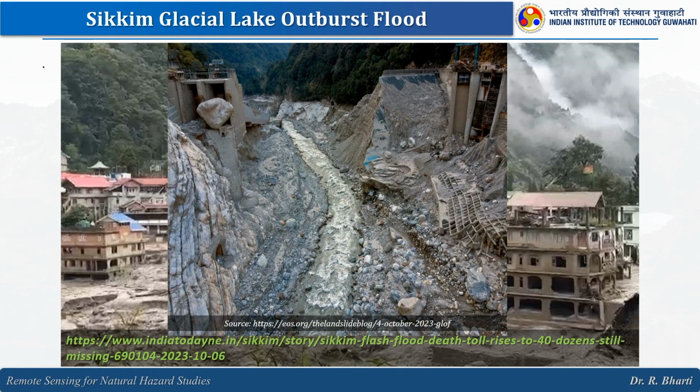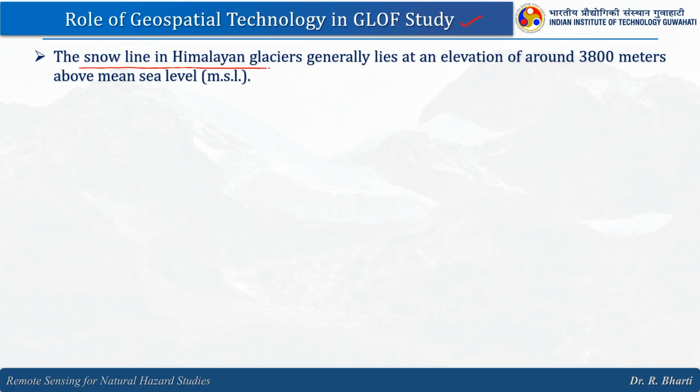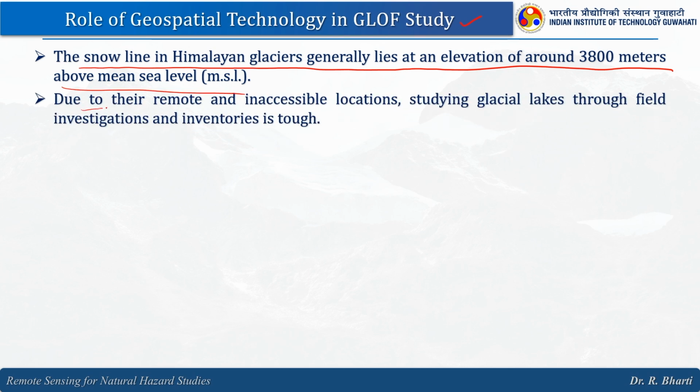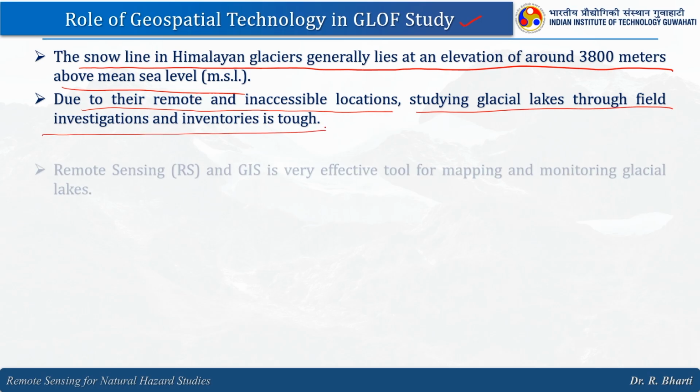Then let us understand the role of geospatial technology in GLOF study. The snow line in Himalayan glaciers generally lies at an elevation of 3800 meters above mean sea level. Due to their remote and inaccessible location, studying glacial lakes through field investigation and inventories is very tough.